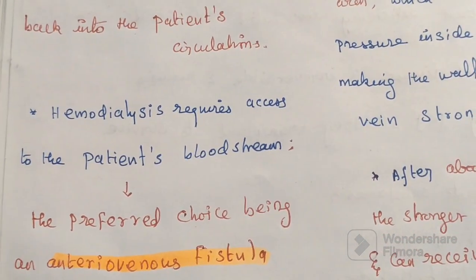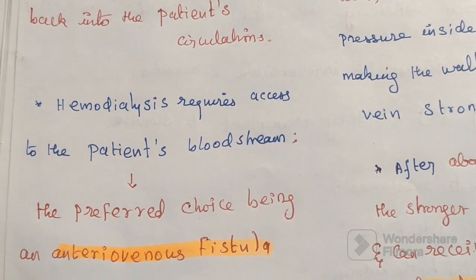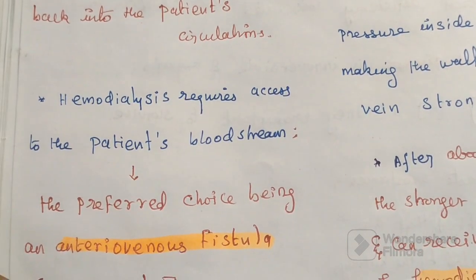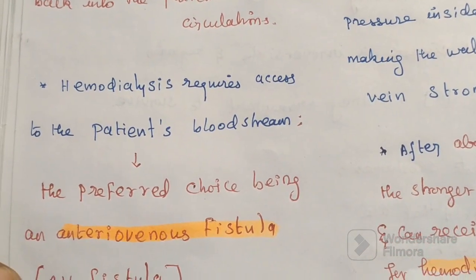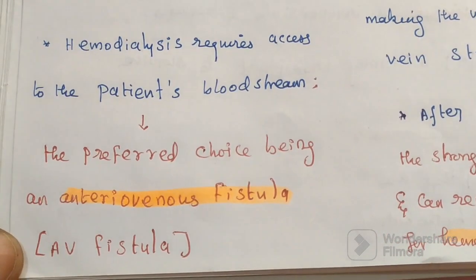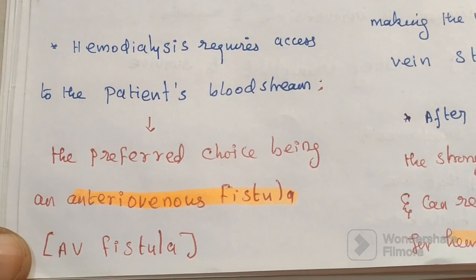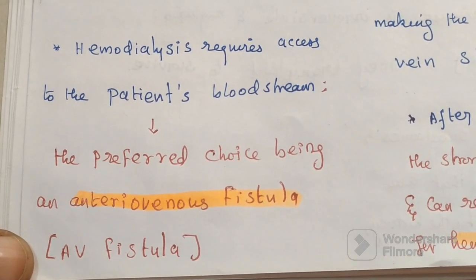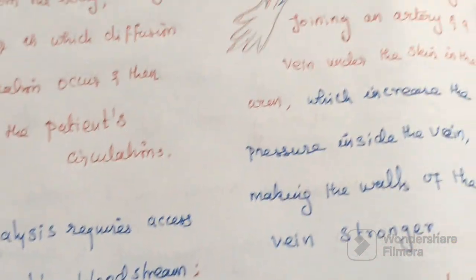Hemodialysis requires access to the patient's bloodstream, performed chronically by an arteriovenous fistula, AV fistula.